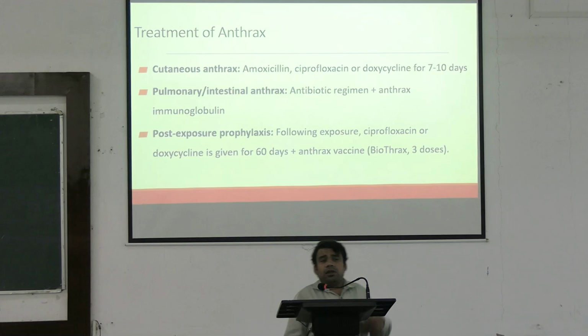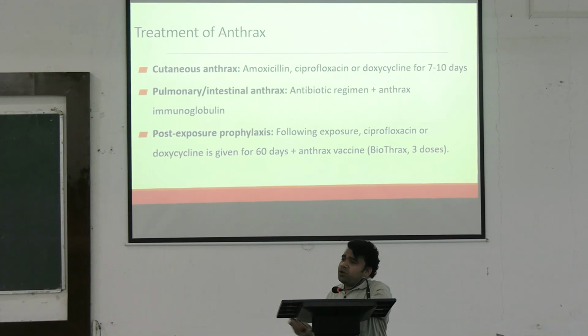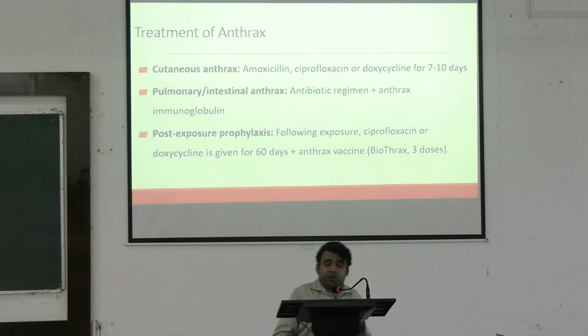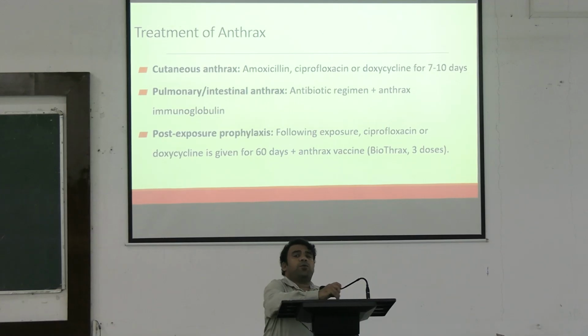Now, coming to treatment, commonly fluoroquinolones or tetracyclines like doxycycline are given for treatment. The treatment will depend on the presentation of the disease, whether it's cutaneous or pulmonary, depending on which the duration of the treatment is given. But a very important feature is something called post-exposure prophylaxis.